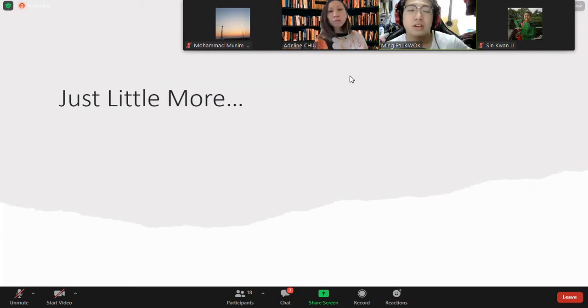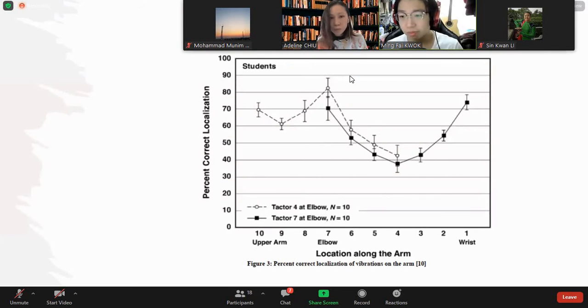Let me talk more about how this connects to our project. That means people who are deaf: how do they feel the music vibes? At Northeastern University in Boston, different human body parts have different sensitivity to vibrations.